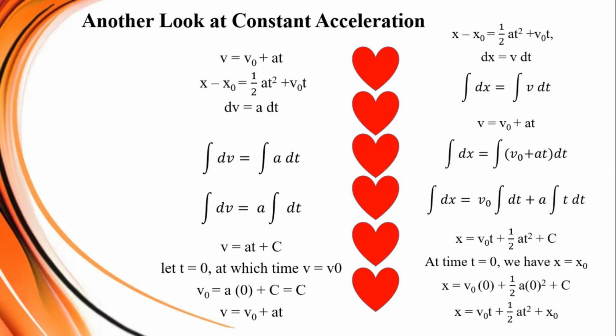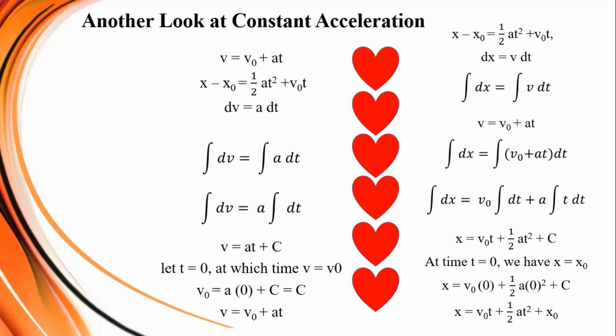Integral of dx is equal to integral of (v0 plus at) dt. Since v0 is a constant, as is the acceleration a, this can be rewritten as integral of dx is equal to v0 integral of dt plus a integral of t dt.